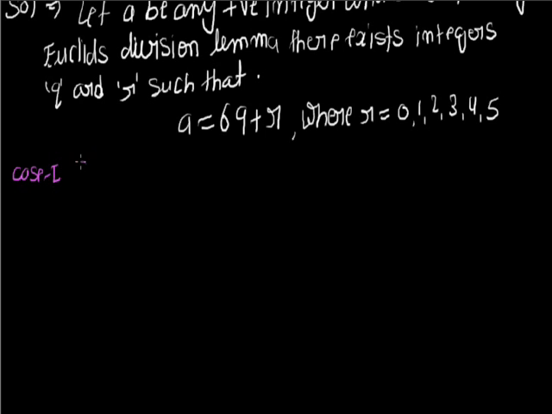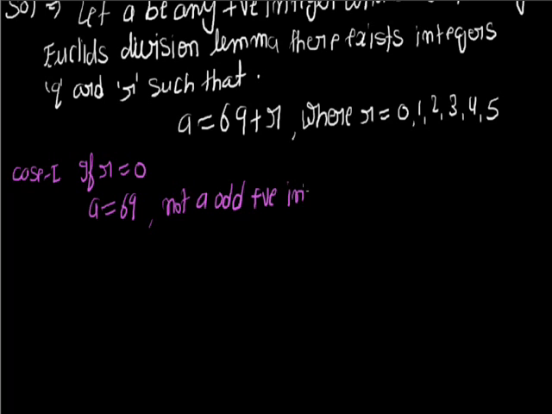For the first case, if r is equal to 0, then a is equal to 6q. But we have to show that it is an odd positive integer, and it is a multiple of 2, so it is not an odd positive integer.